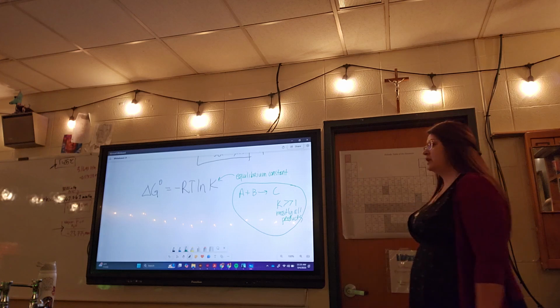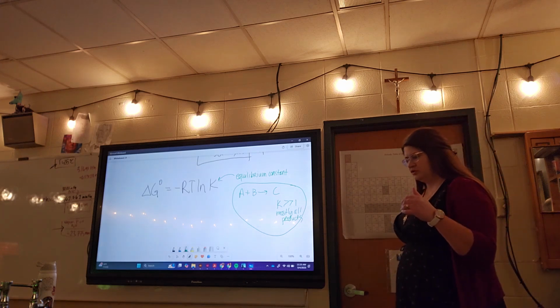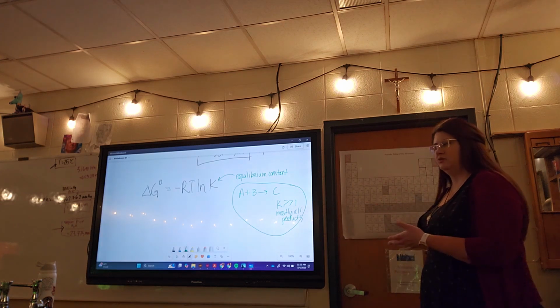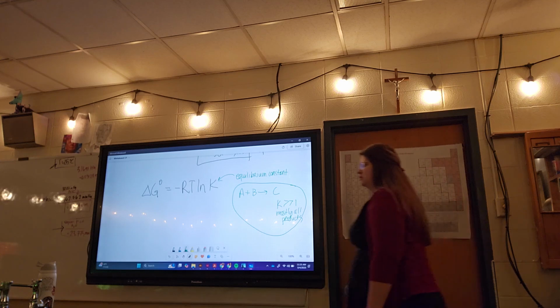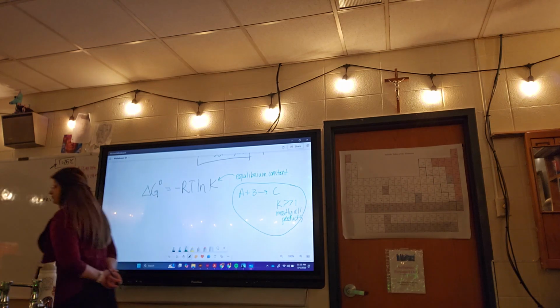There are just some reactions that, while we know they will produce a little bit of product, not all of the reactants turn into products. A good real life example is that gold doesn't really tarnish.